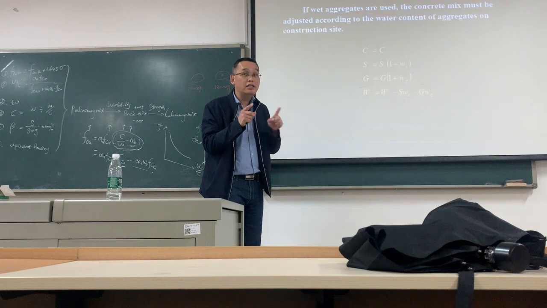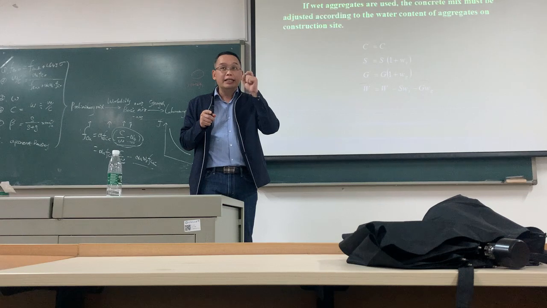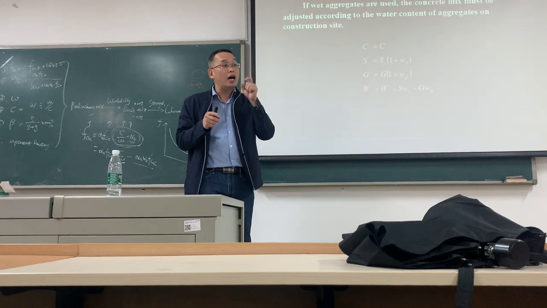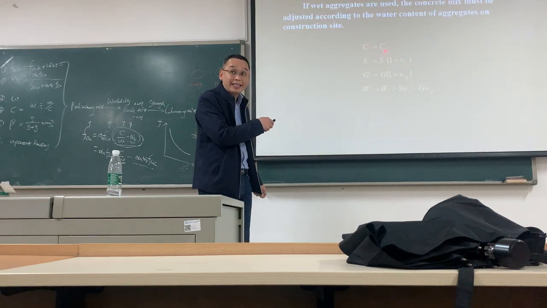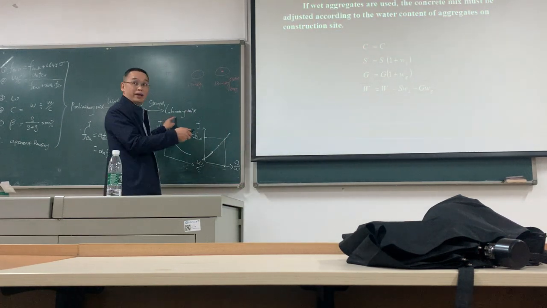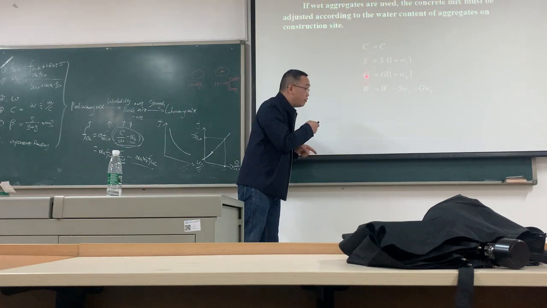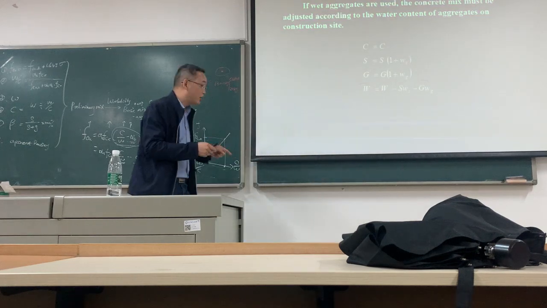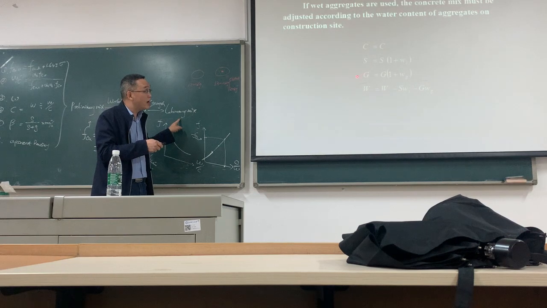What changes is the amount of aggregate and the water. The amount of the cement is equal to the laboratory mix. But the amount of sand must be higher than in the laboratory mix, and the amount of gravel, or the coarse aggregate, is also higher than in the laboratory mix.